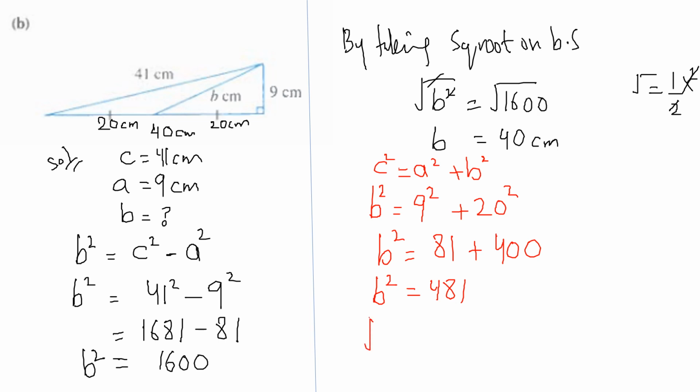Again, you will find it through division method or whichever method you choose, and you will get root of 481 is 21.931. 21.93, or you can round it off to 21.93, right? Now b in this case is 21.93 centimeter, as the unit is given in centimeter. This is how you are gonna solve such kind of questions.